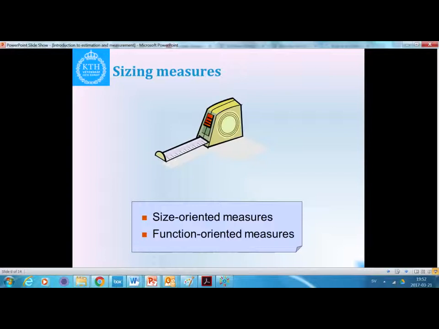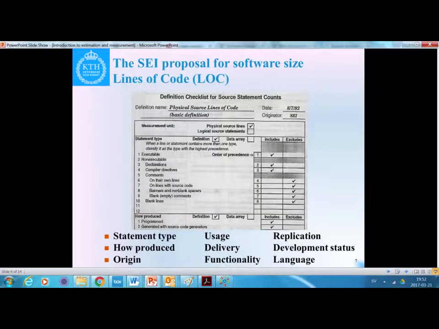We have two types of measures: size-oriented measures and function-oriented measures. And I have mentioned that size-oriented measures are lines of code. What you do with lines of code is that you simply count the lines. Some companies count all the lines.